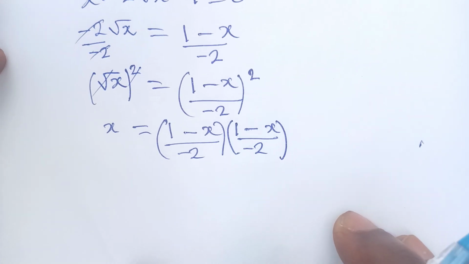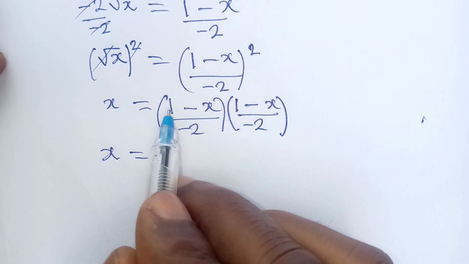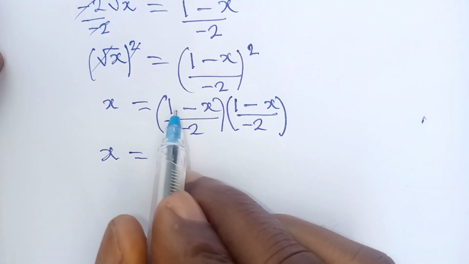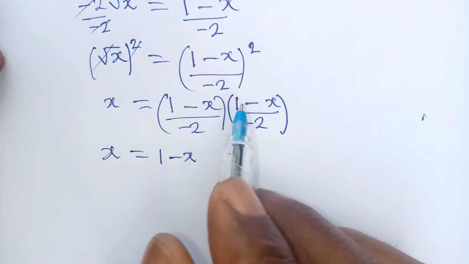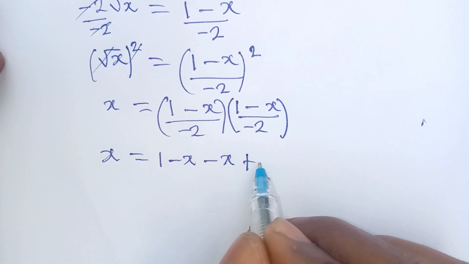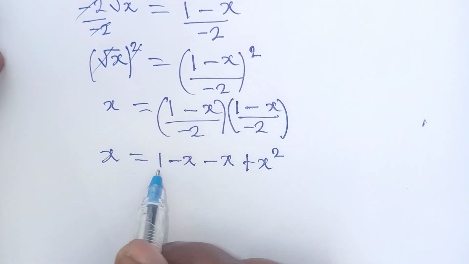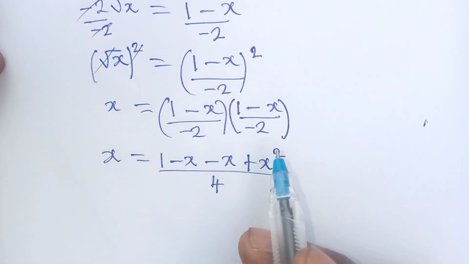Now let us open what we have. X here will be equal to 1 times 1 is 1, 1 times minus x is minus x, minus x times 1 is minus x, and minus x times minus x is plus x squared, and the whole of this will be over 4, minus 2 times minus 2.